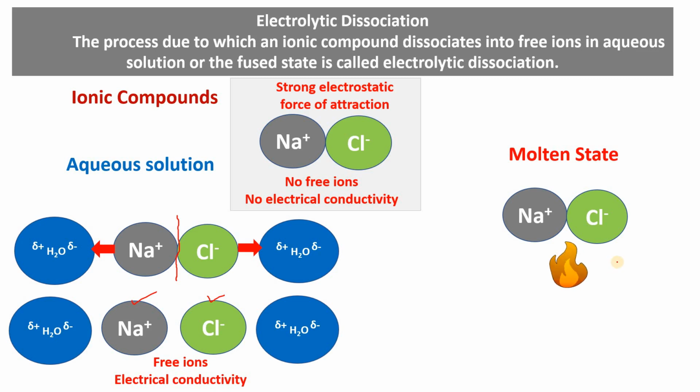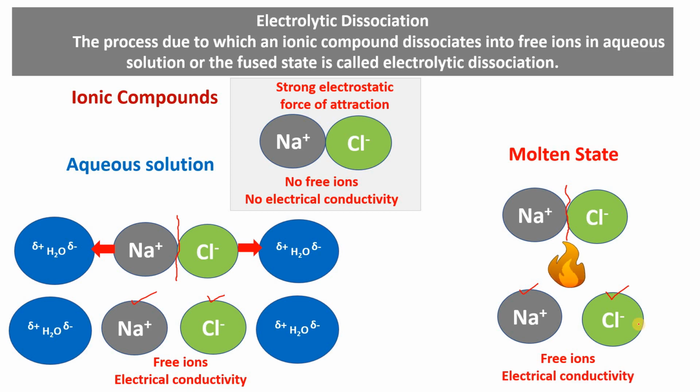Now when heat energy is provided, the bond between sodium and chloride ion gets broken, due to which we get free sodium cation and free chloride anion. And it is due to these free ions that molten sodium chloride also acts as a good electrolyte and hence conducts electricity. So this process of separating or dissociating ions in aqueous solution or fused state of an ionic compound is called electrolytic dissociation.